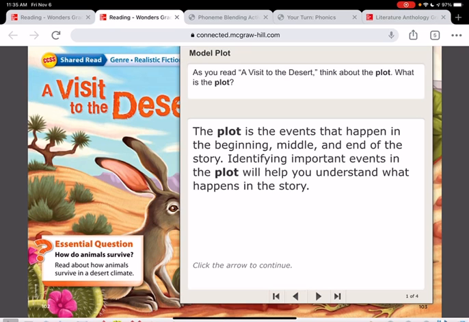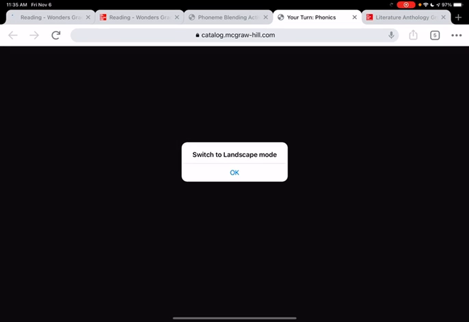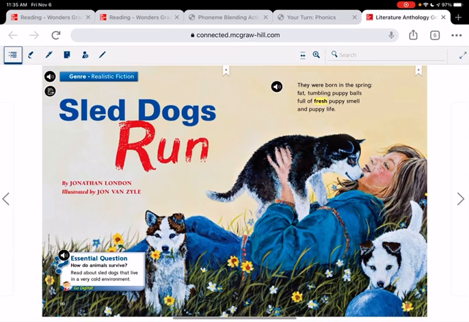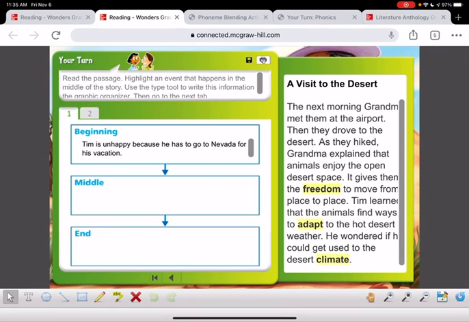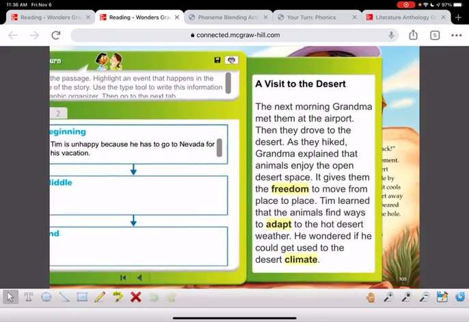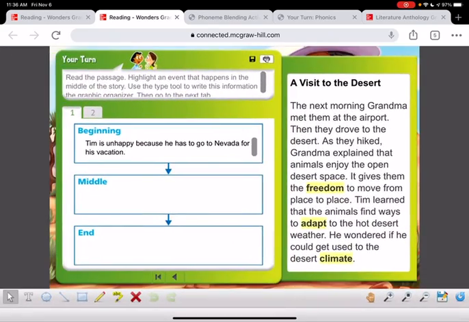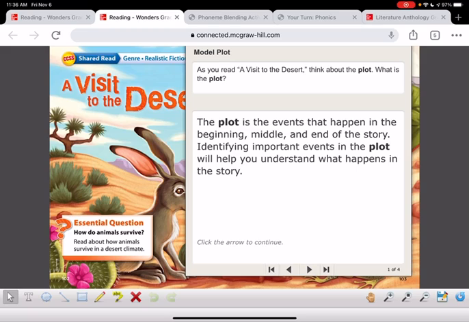Alright, while my device takes a second to get back up, I want you to think about another story and try to think about the plot. Alright, there we go. Now it's working. Yeah, that was a nice little break you could have right there.